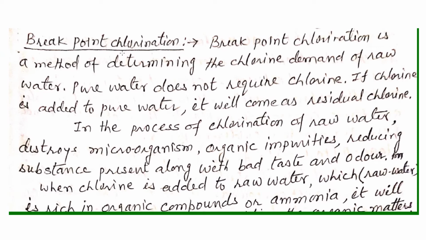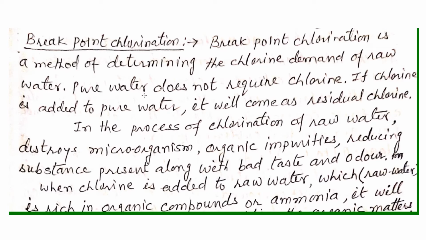So let's start. Breakpoint chlorination is a method of determining the chlorine demand of raw water. As we know, pure water does not require chlorine because it doesn't have any impurities or bacteria, but raw water has impurities.